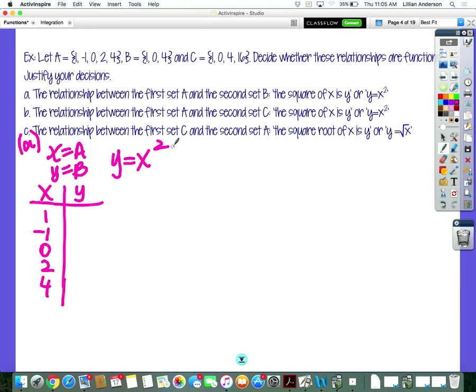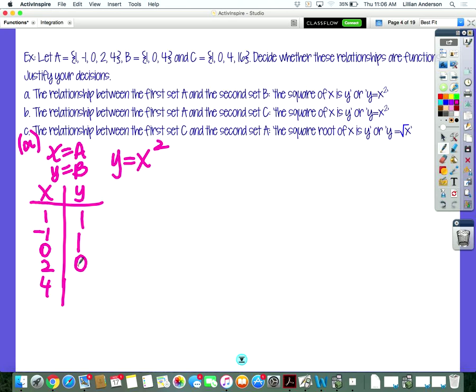If I plug this in, 1 squared, what is that? Is that a part of the set B? Yes, it is. So far, so good. -1. What's -1 squared? 1. Is that a part of set B? So far, so good. We have to make sure that when we're plugging these in, the numbers that we get are a part of set B. Okay? Plug in 0, 0 squared.